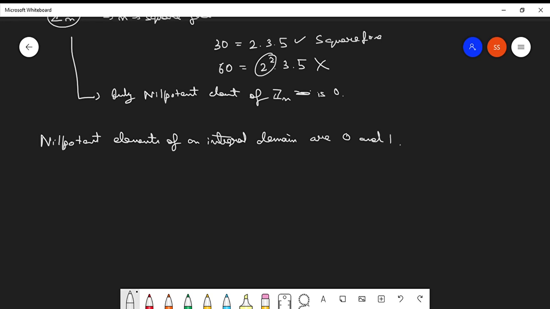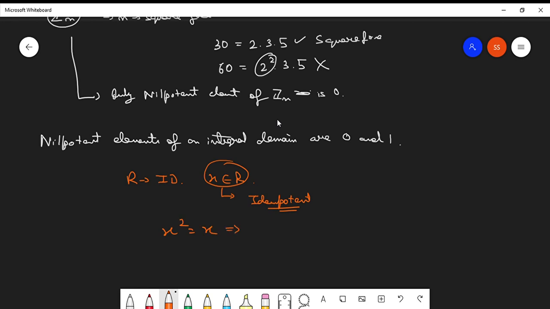Let's prove this. Suppose you take R as an integral domain, and let's say x belongs to R. Let's say this x is an idempotent element, so we just need to find the values of x. Since x is idempotent, we can write x square is equal to x.